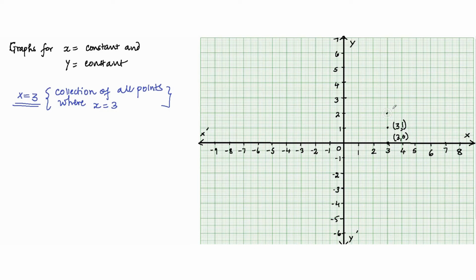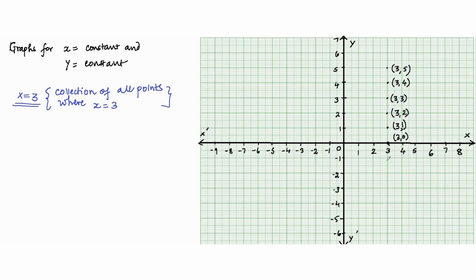This point has x coordinate 3 and y coordinate 2. This point has x coordinate 3 and y coordinate also 3. This point has x coordinate 3 and y coordinate 4. This point has x coordinate 3, y coordinate 5, and so on, right?